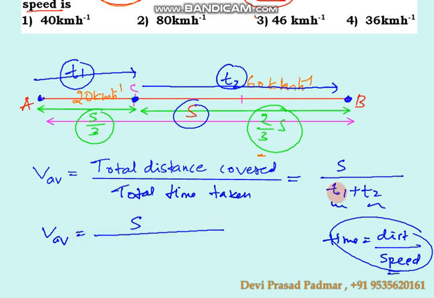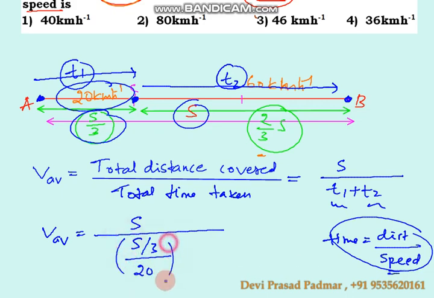Now the time taken to move from A to C can be written as distance by speed. From A to C, the distance is S by 3, divided by the speed, which is 20 kilometer per hour. So this is our T1 value.